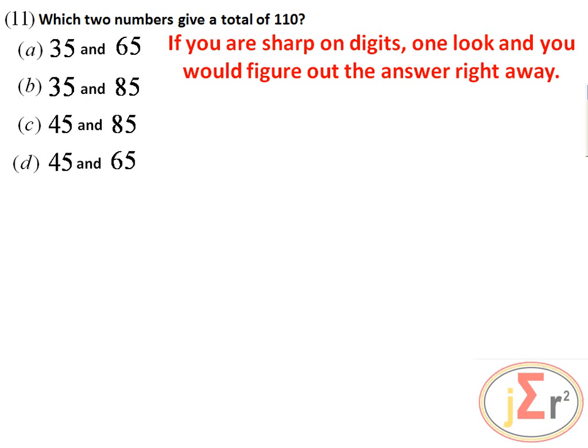Option D. And Jerry is saying that it is option D because he wants to prove all the time that he is sharp on his digits. But for this one, pay attention, Jerry, because you will see this problem solved in a way that you never imagined.